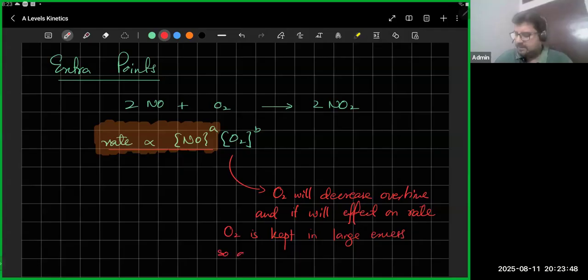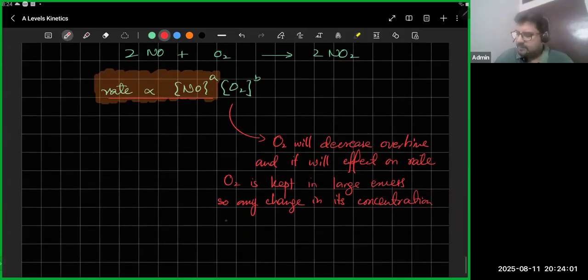So any change in its concentration over time remains negligible. Let me explain this.